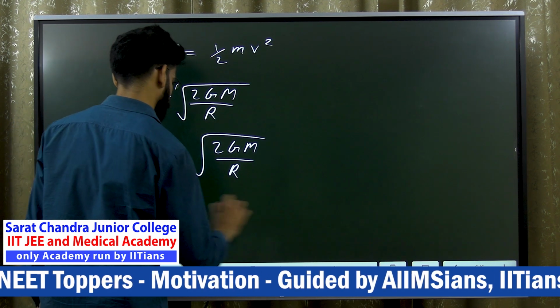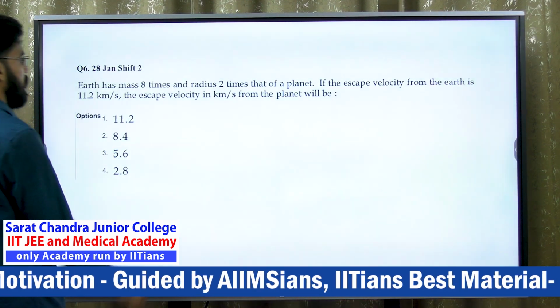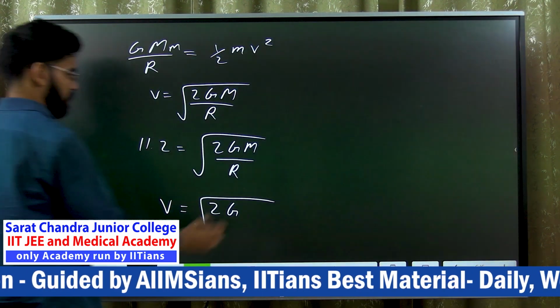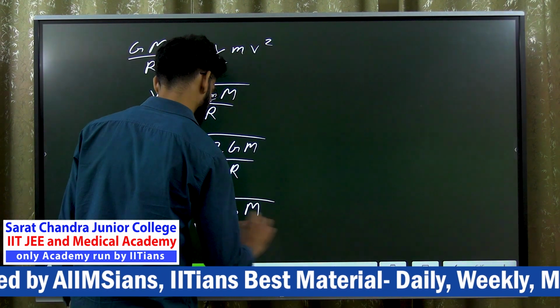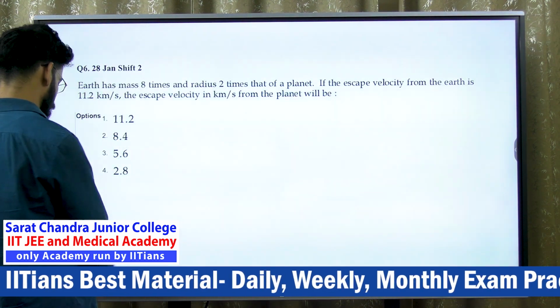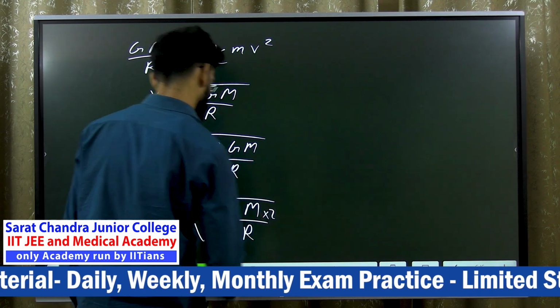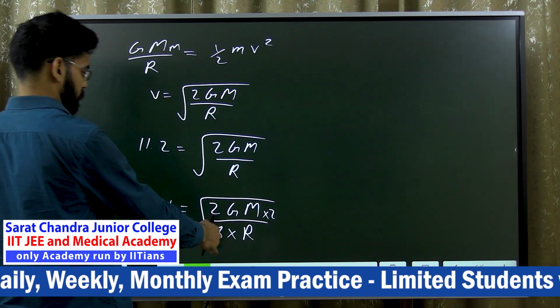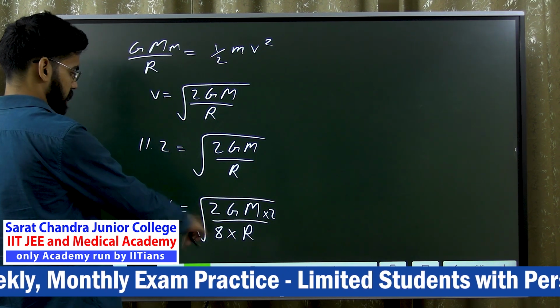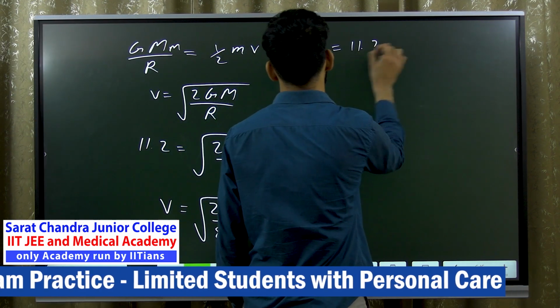So V is equal to under root 2, G is a constant, mass is what? Mass he said is 1/8, so mass is M by 8. Okay, 8 came down in the denominator, and radius is 2 times, so R by 2. Okay, so this is 4. So if we bring it out, it will be 1 by 2. So V will be 11.2 by 2.